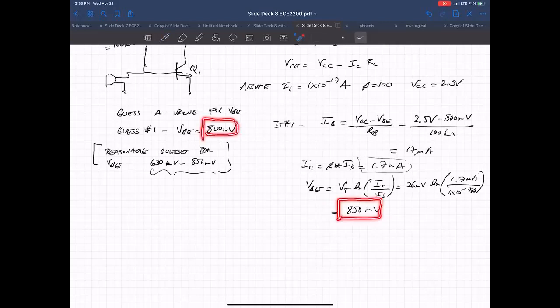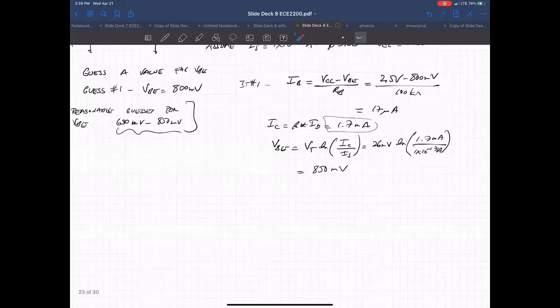So iteration number 2. Now we use IB as 2.5 volts minus 850 millivolts over 100K ohm. And with that, we get 16.5 microamps. And I sub C is equal to 1.65 milliamps.